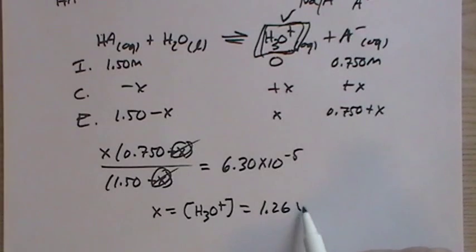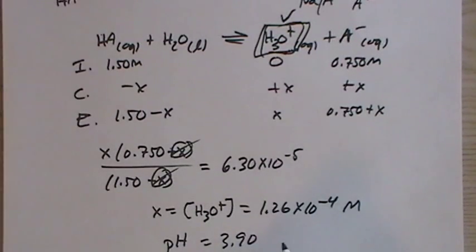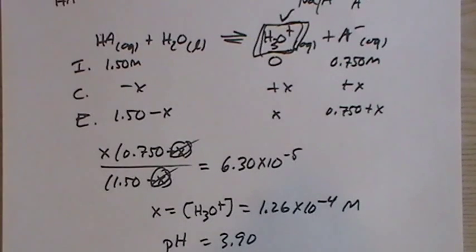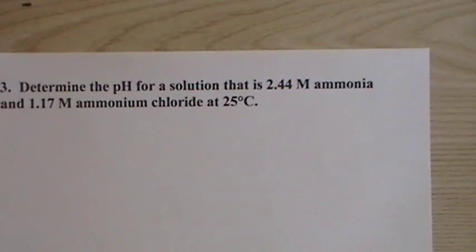So it's 1.26 times 10 to the minus 4 molar, and the pH is 3.90. And I don't know if I did this one previously. No, I didn't. Okay, so let me just double check that. Yep, good. All right, and then I have one last one here.